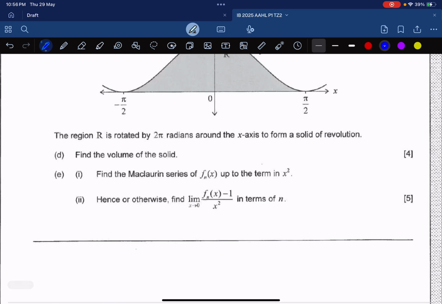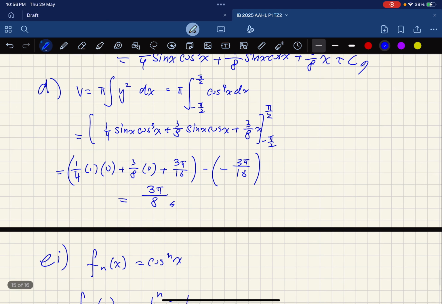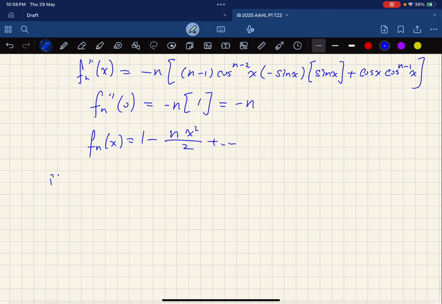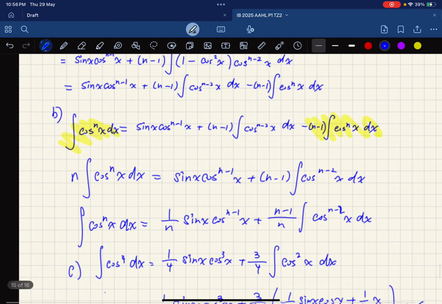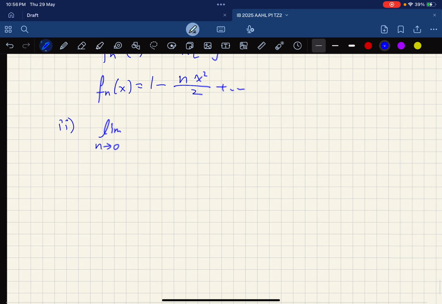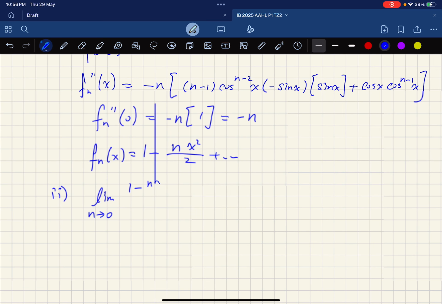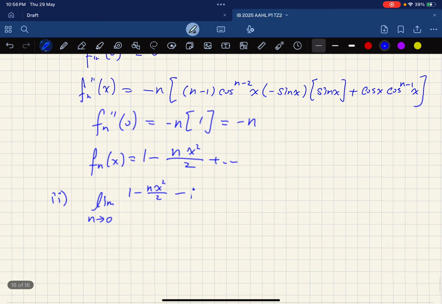Okay, and hence, or otherwise, find this. Bro, this is kind of stupid. So the limit as x tends to 0 of f_n, right? So 1 minus n x squared over 2, like this, and then minus 1, over x squared. Sorry, it's lagging a little bit.